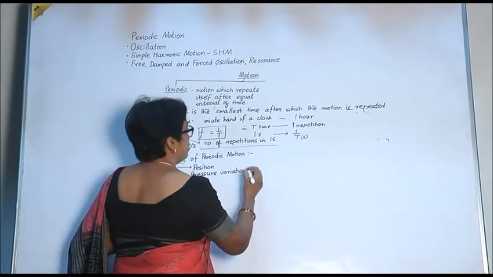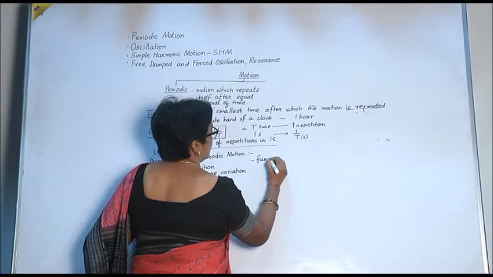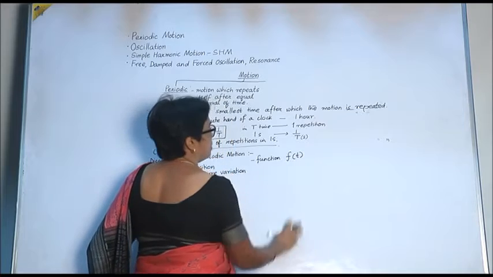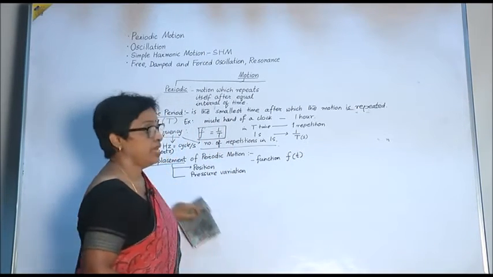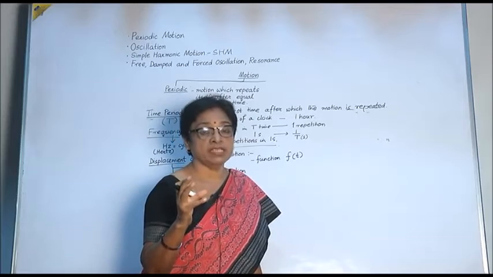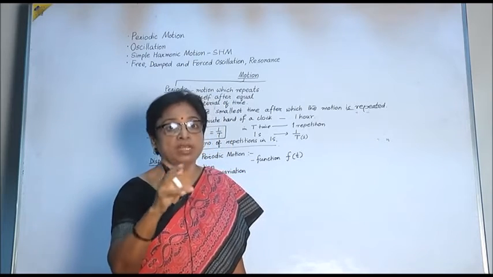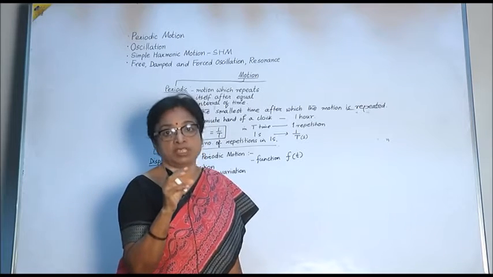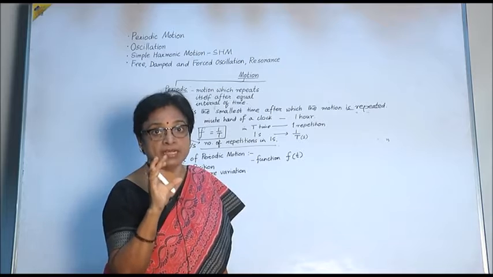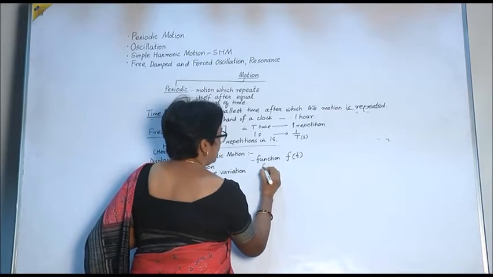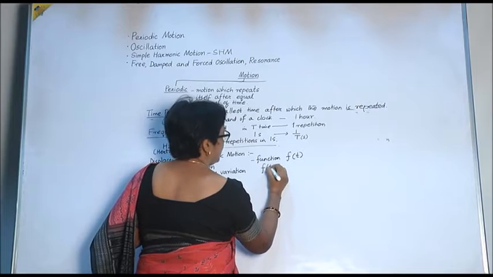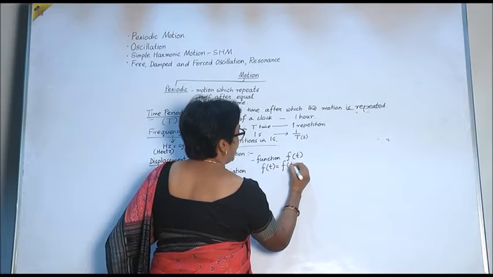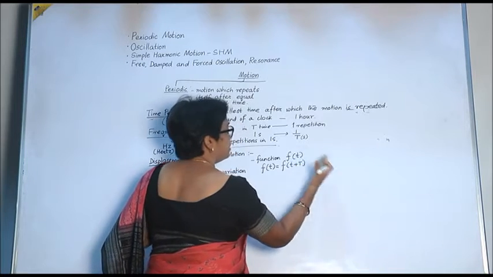So, it is represented by some function, let us say f at time t, which changes from time to time. The definition of periodic motion says that the motion is repeated after an equal interval of time, and the minimum time after which it is repeated is your time period capital T. That means, whatever the displacement at time t is equal to the value of the same displacement at time t plus capital T, because after that it will be repeated.